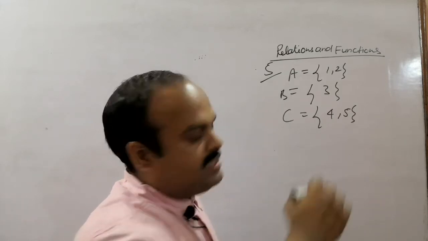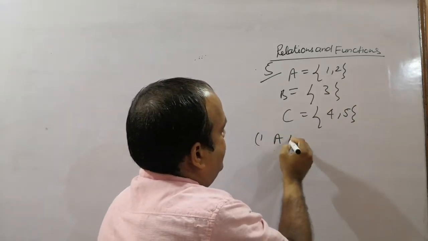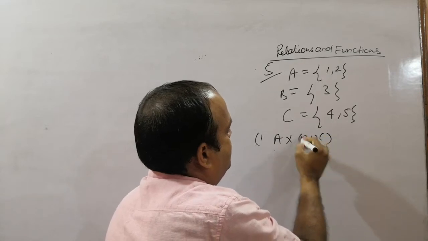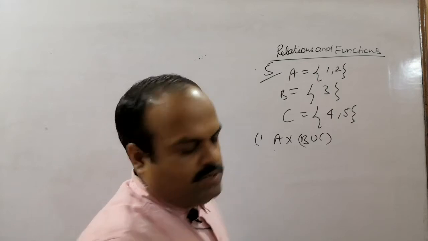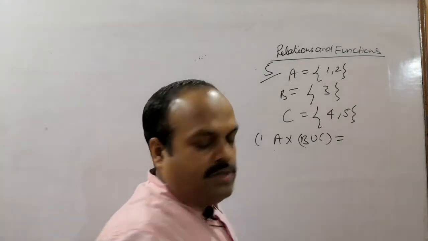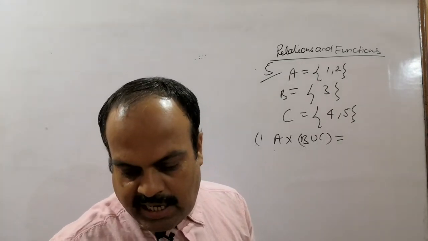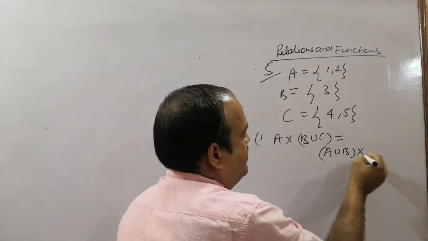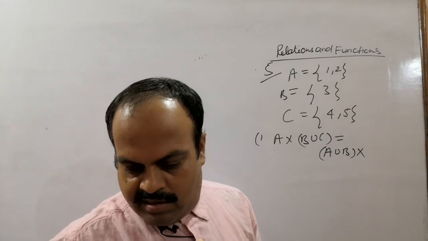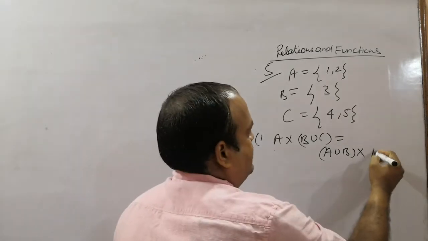First one, A cross (B union C) is equal to (A union B) cross (A union C).